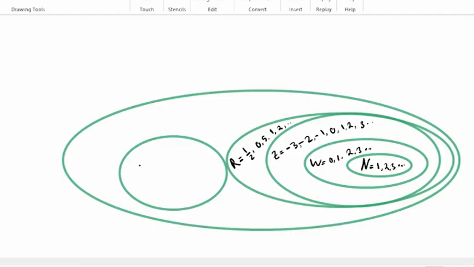Here is irrational numbers: the square root of 2, the square root of 3, pi, e, and so on. Here is real numbers.